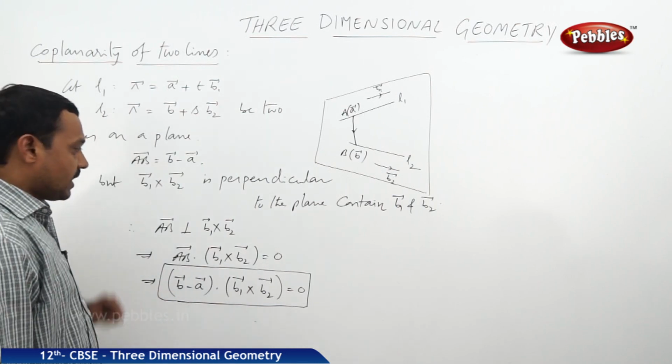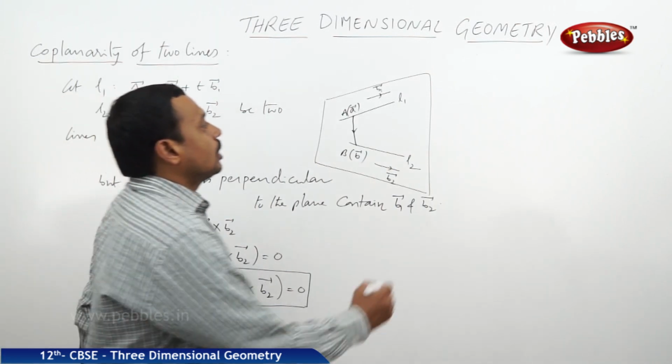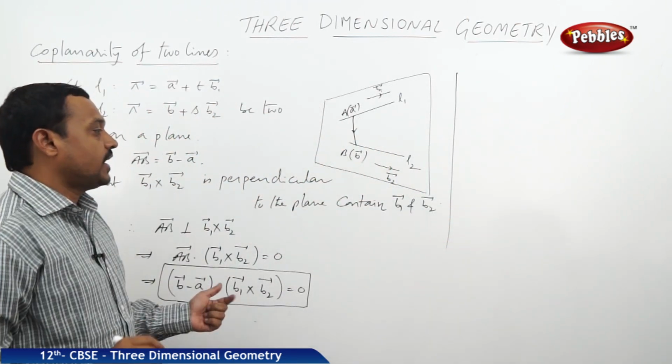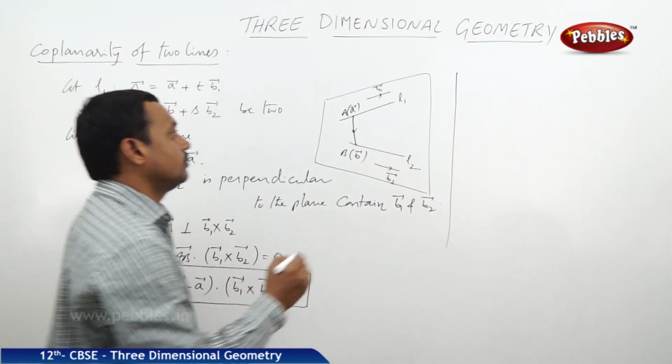Now, this is the vector form. Now, let us find the Cartesian form. Let us find the condition in Cartesian form.